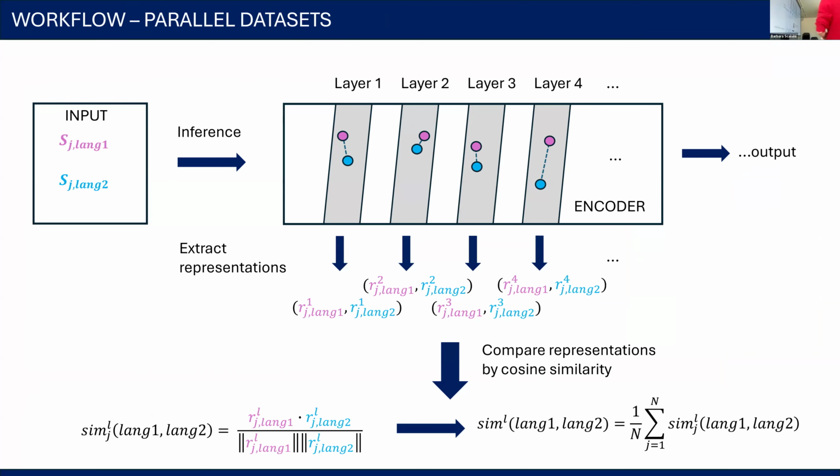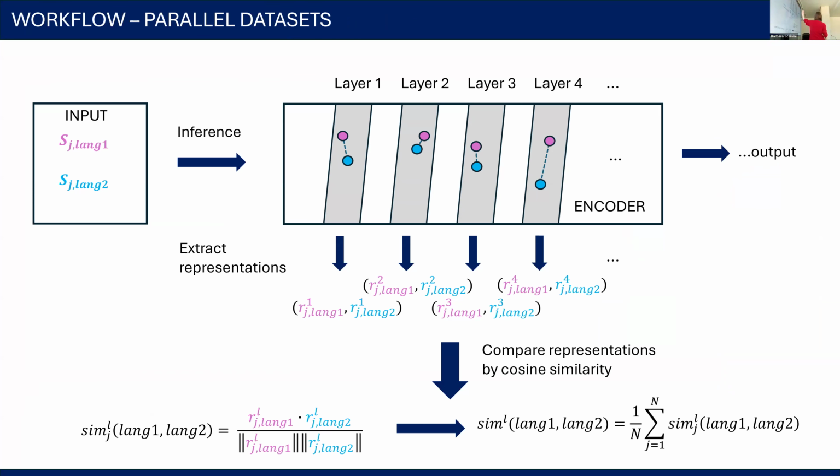So this is the workflow. If the equations make you uncomfortable, close your eyes. I'm gonna be quickly just explaining what this means. Basically, we run our sentences through the model. We don't really care about the final output, so we forget about it for the time being.